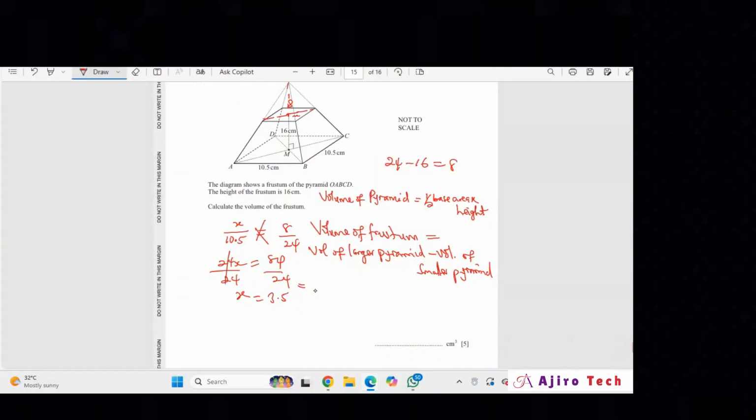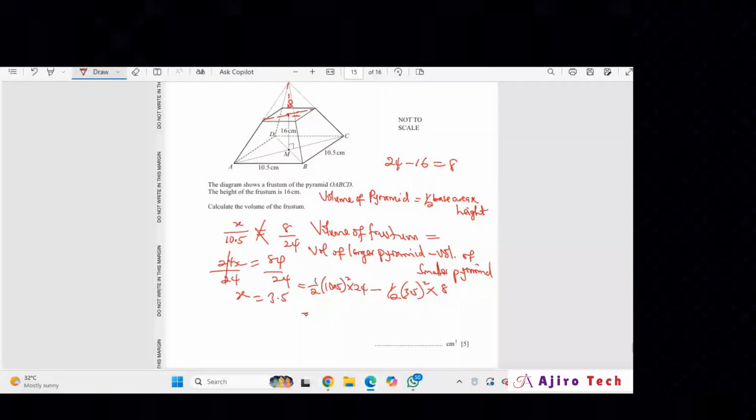So the volume of the larger pyramid is going to be 1 over 2 bracket 10.5 all squared. The base area is a square, that is why it's squared there, times the height, which is 24, minus 1 over 2, the base area of that is 3.5 squared, times the height, which is 8, that 8 we got right there.